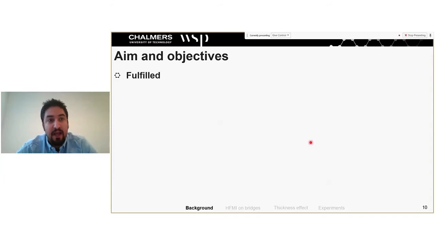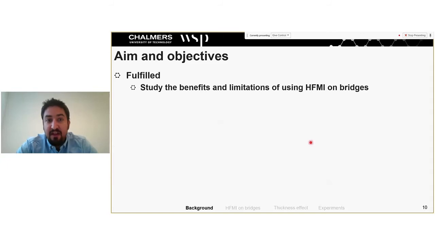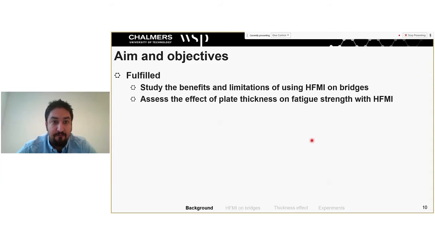So my aims and objectives, those that I have fulfilled in this licentiate thesis and will present the results of, are to study the benefits and limitations of using HFMI on bridges. In terms of material saving, how much improvement can you get, what criteria can be limiting, etc. And I assess the effect of plate thickness on the fatigue strength of HFMI treated specimens.